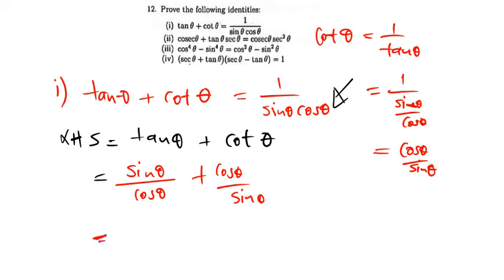Common denominator, I think that would lead us to something like that. If we come up with a common denominator here, the product of sine and cosine will give us a common denominator. Cosine divided into what we have would give us sine, so that would be sine squared theta.